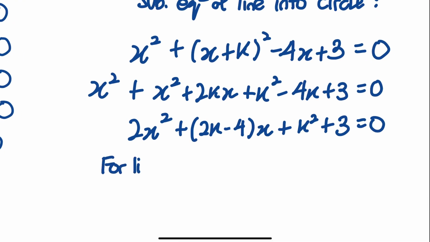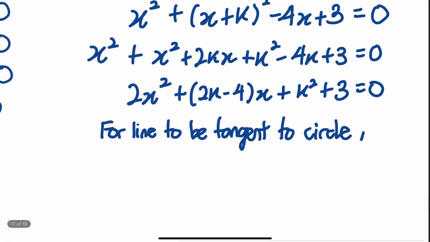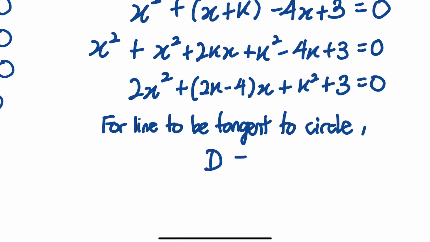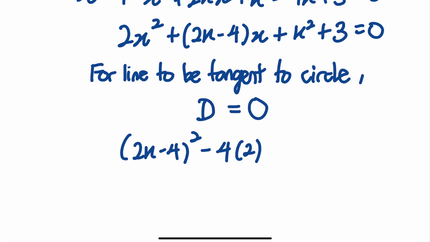For the line to be a tangent to the circle, I know that the discriminant D should be equal to 0. So therefore b squared minus 4ac, which is simply (2k minus 4) squared minus 4 times 2 times (k squared plus 3), this should be equal to 0.